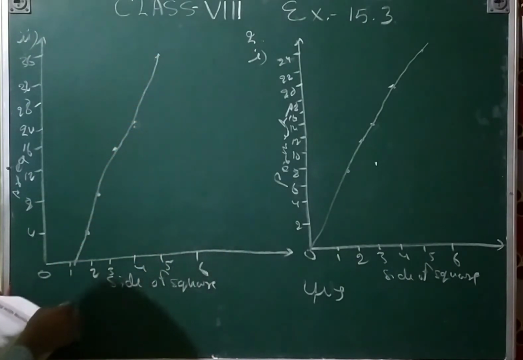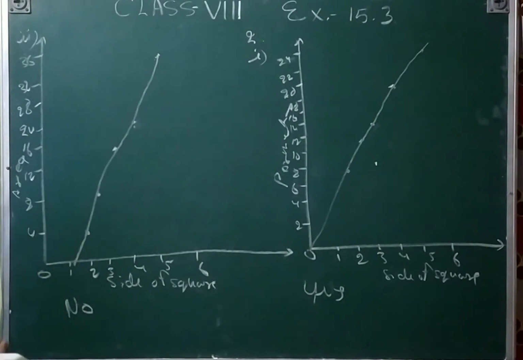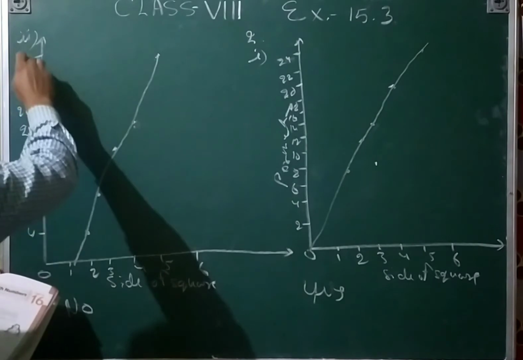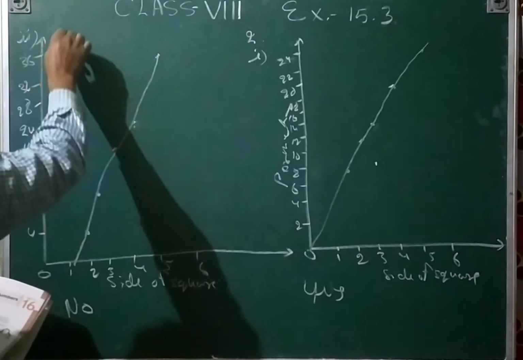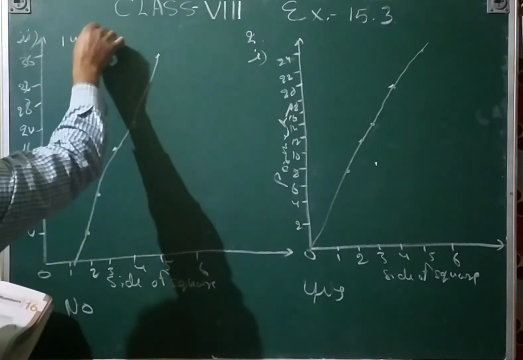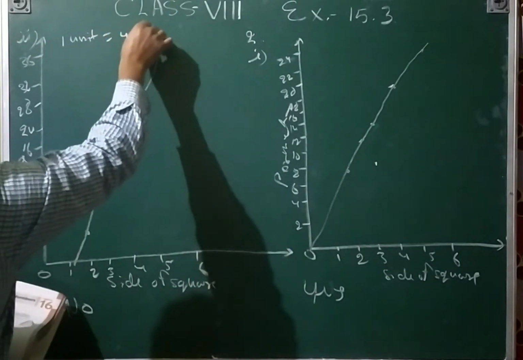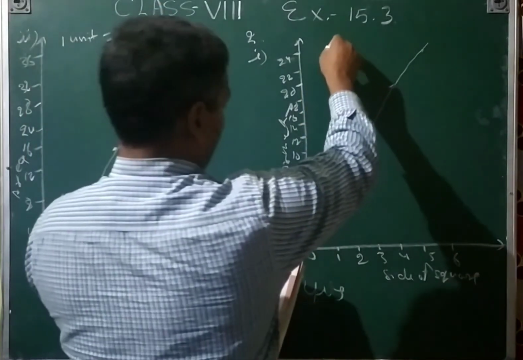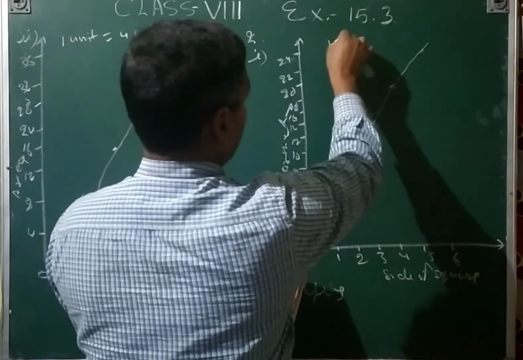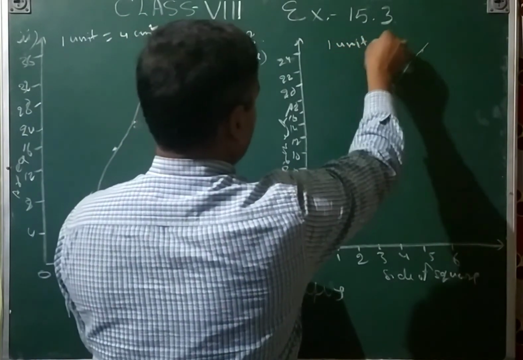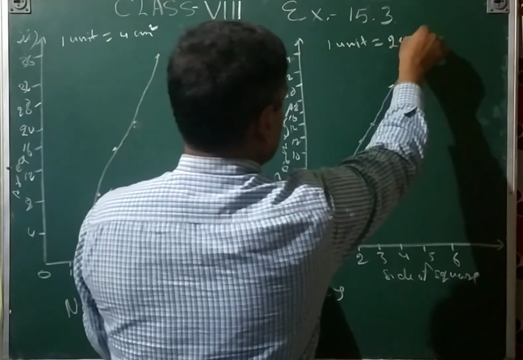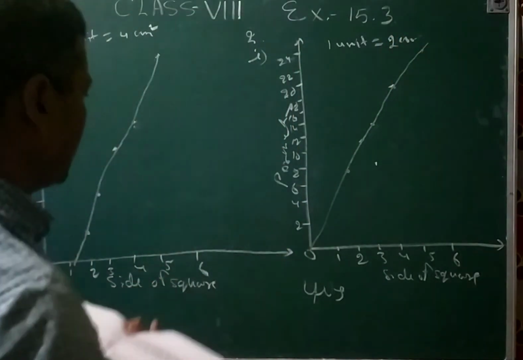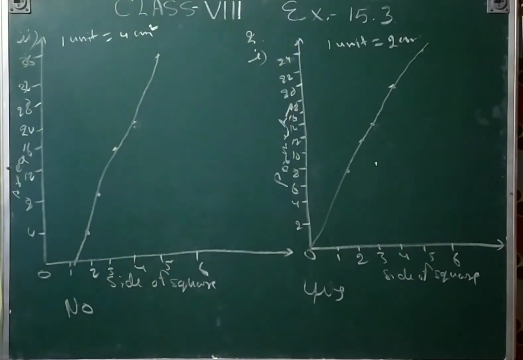Is that a linear graph? No, because it's not passing through origin. And then scale on y-axis: 1 unit is equal to 4 centimeter square, or 1 unit is equal to 2 centimeter, or you can apply another scale also, no problem. Okay.